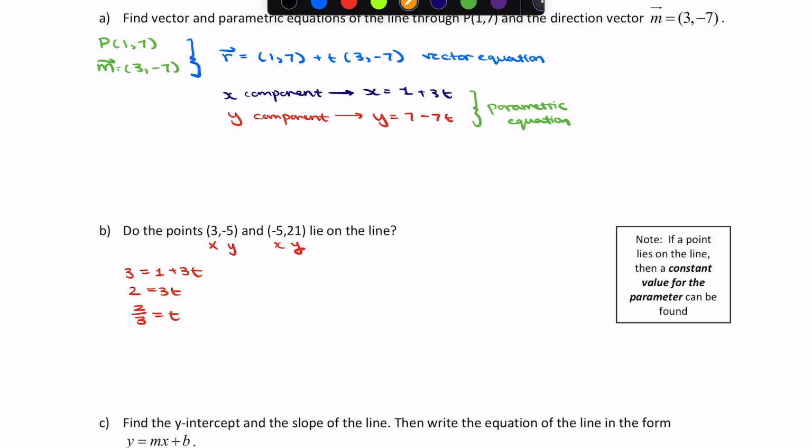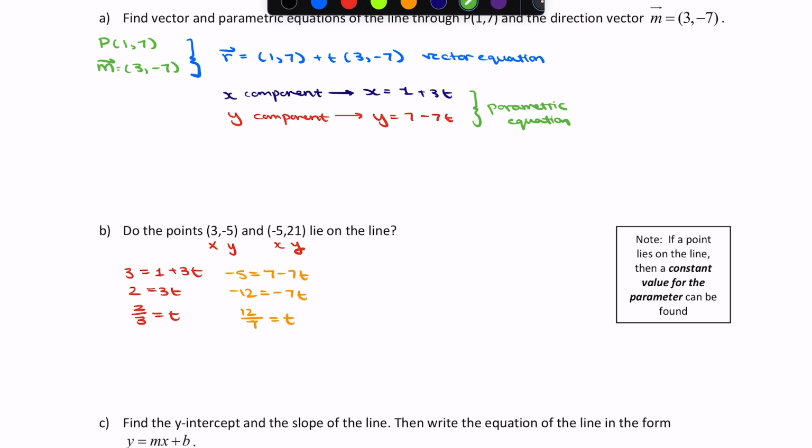For our y component, we get -5 is equal to 7 minus 7t. We have -12 is equal to -7t. Here we get 12/7 is equal to t.